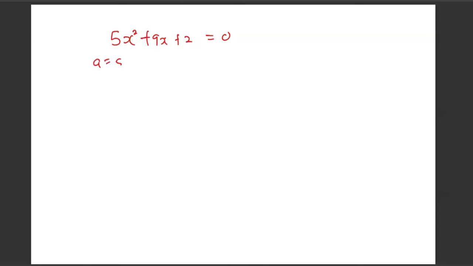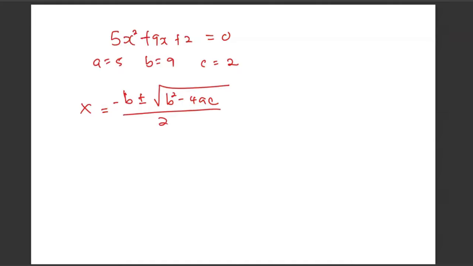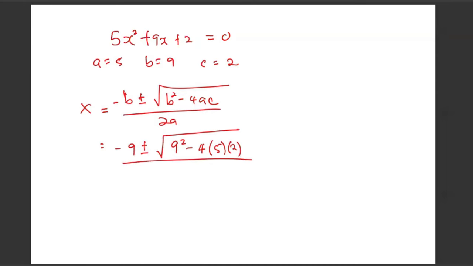And then our a is 5, our b is 9, our c is 2. So x should be negative b plus minus the square root of b squared minus 4ac, everything over 2a. That's negative 9 plus minus the square root of 9 squared minus 4 times 5 times 2, divided by 2 times 5.